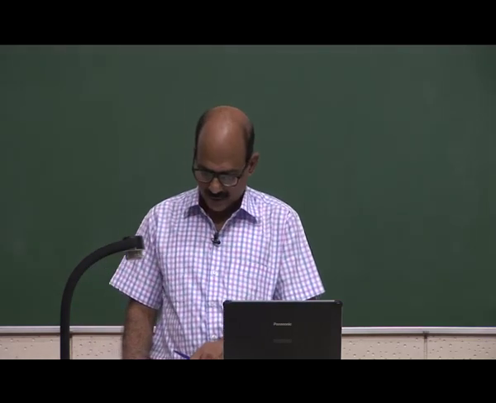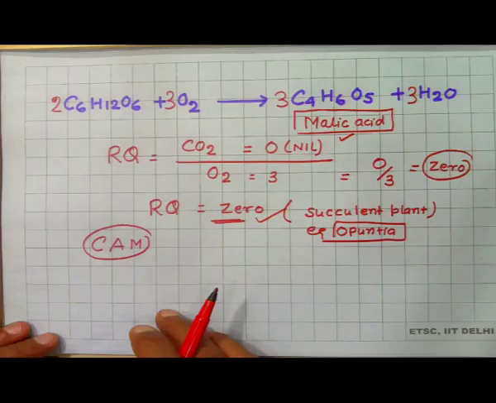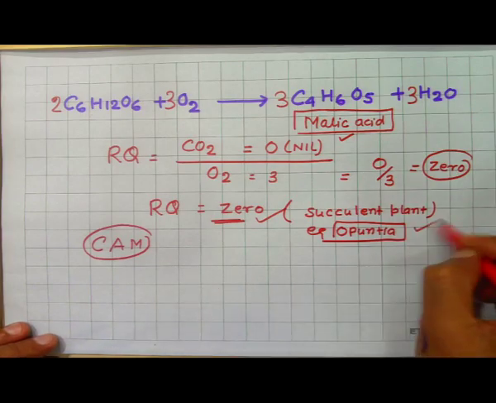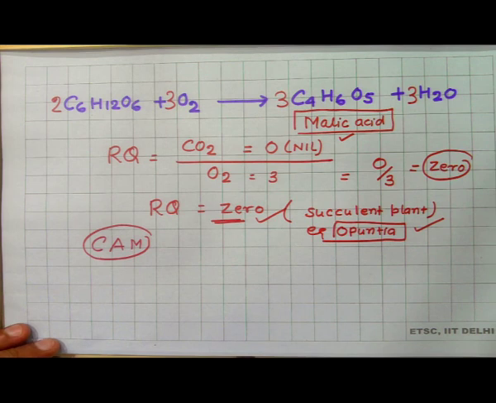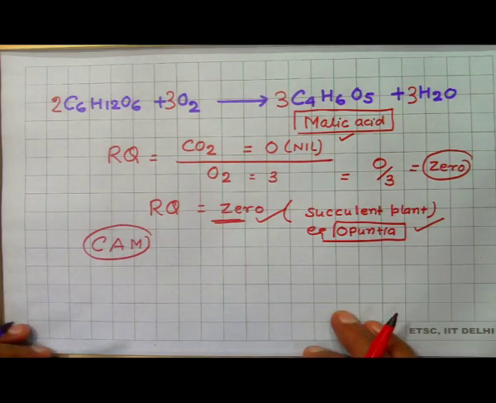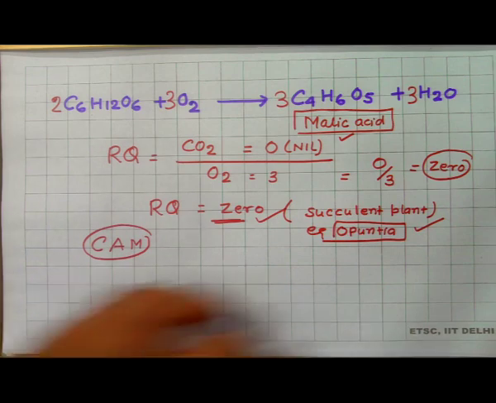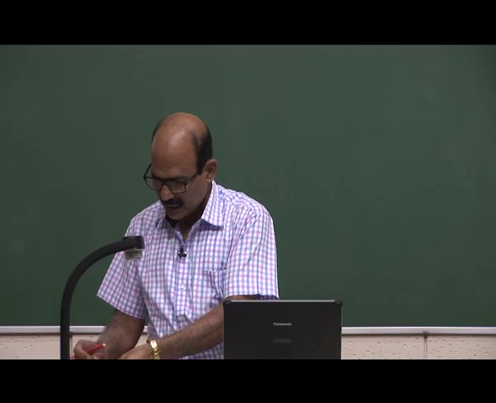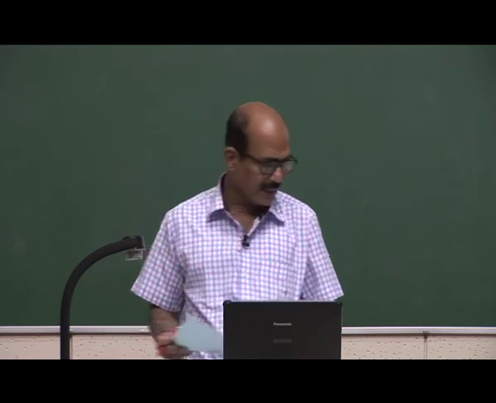When RQ is 0, that will be a succulent plant, example Opuntia or any other plant which shows the crassulacean acid metabolic pathway.